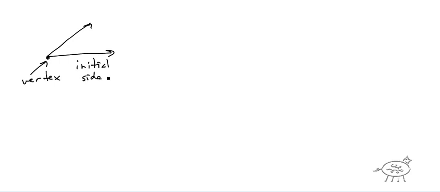We're going to do lots of stuff with angles here, so let's describe some of the different things. This is called your vertex, this point right here. And your initial side. If we're looking at this as a Cartesian coordinate plane, this is our positive x-axis, and that's going to be our initial side, and then this is our terminal side.